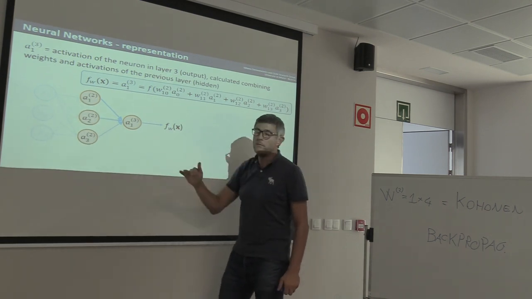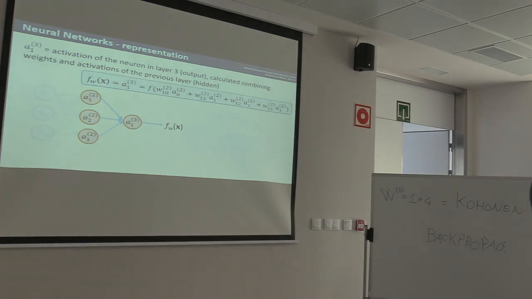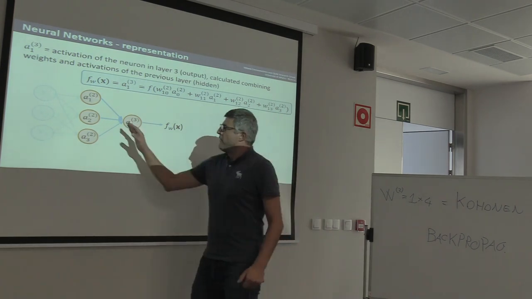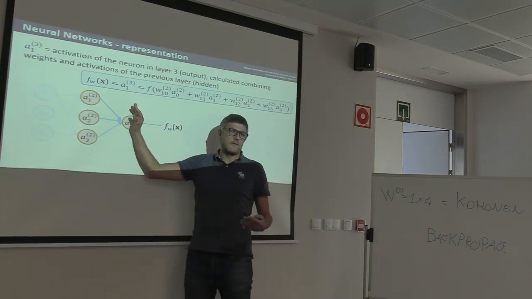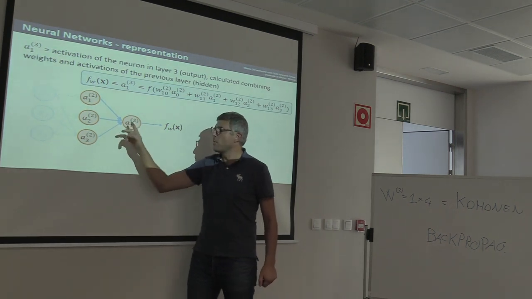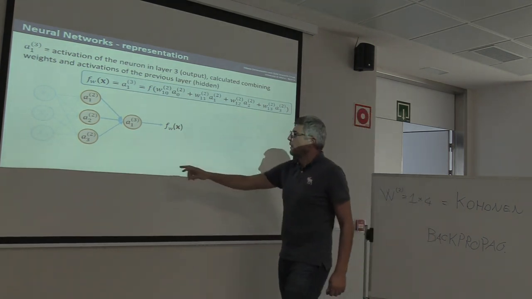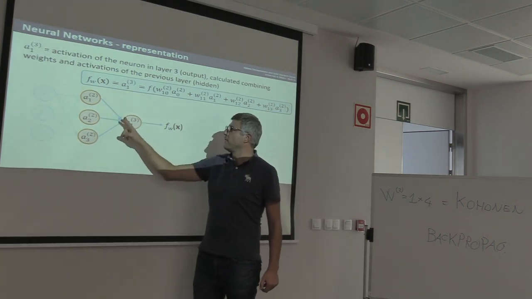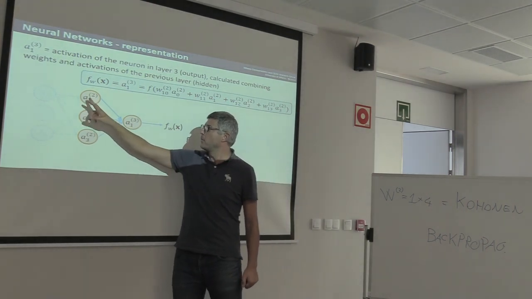Now the propagation goes forward. From the second layer, the hidden layer, we go to the last layer, which is the output layer. Here we have just one neuron, so this neuron will get an activation function, which will be based on what?